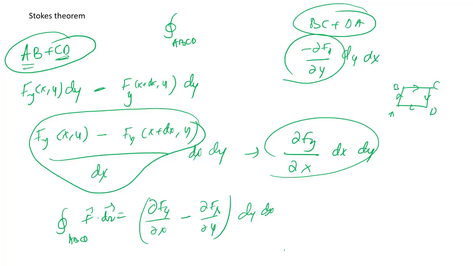You can see that this is the curl of f along the z direction, right? If you do the curl of f along the z direction, you get this term. So essentially, that's why we say curl is telling you literally how the field is curving around.